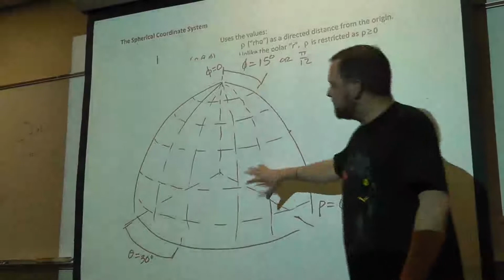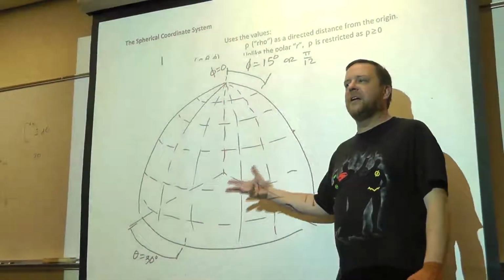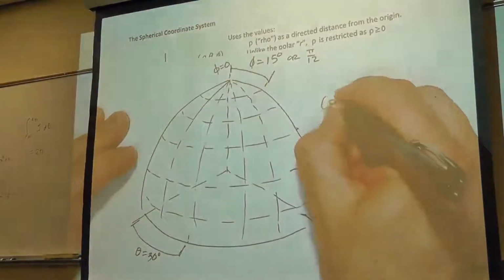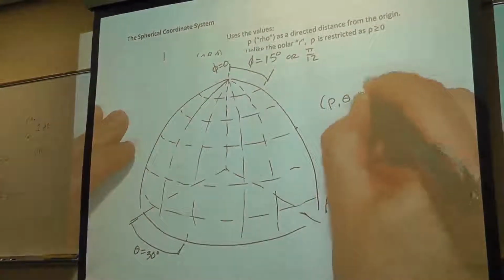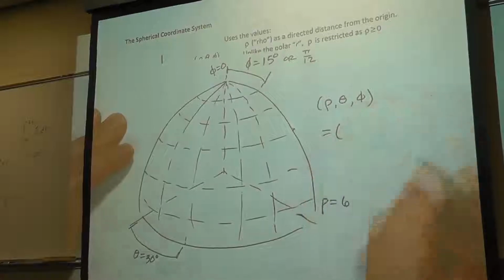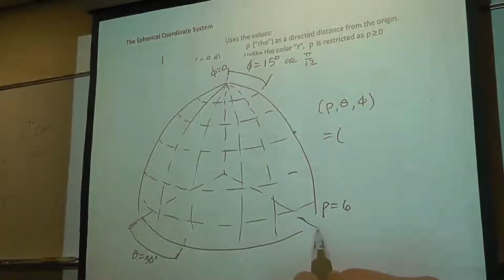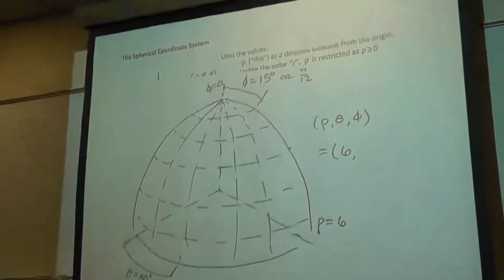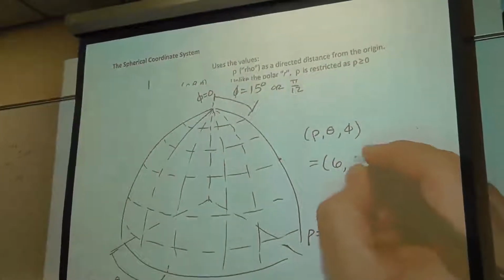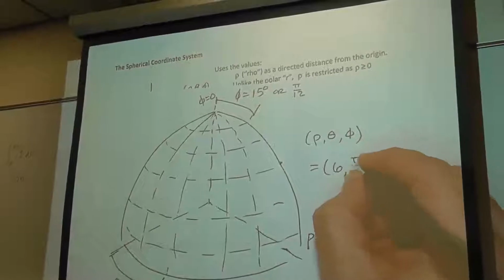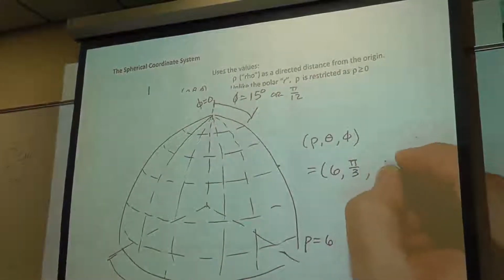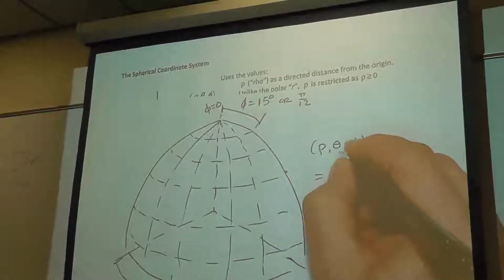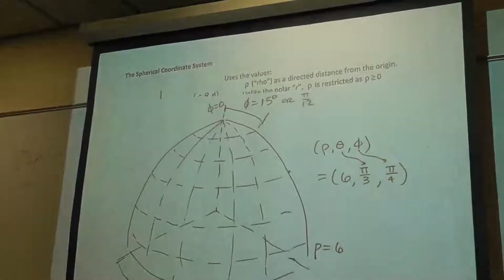So if I wanted to use this as a rho, theta, phi coordinate system, if I want to locate the point, well, given that I've only got a sphere of radius 6 graphed here, I'm pretty much limited to using a rho value of 6. Okay? And then I wanted to use a theta value of, let's say, pi over 3, and a phi value of pi over 4.